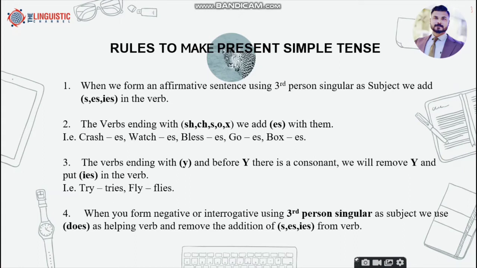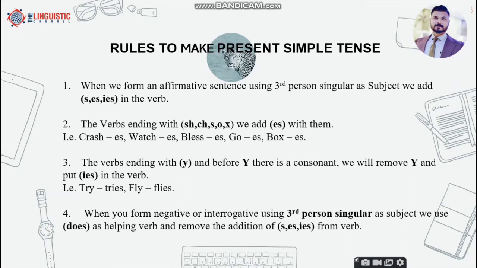Do you know what is a third person singular? He, she, it, and any singular name is called third person singular, okay? So when we form a present simple tense using third person singular as subject, what we do is we add s, es, and ies in the verb, right?